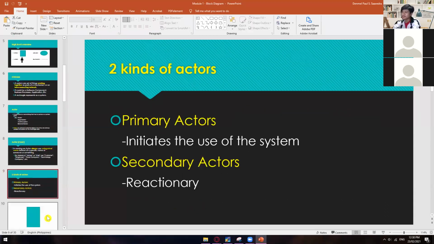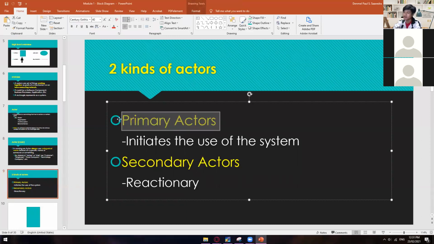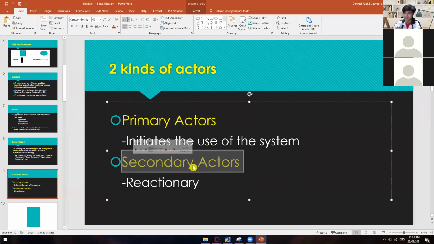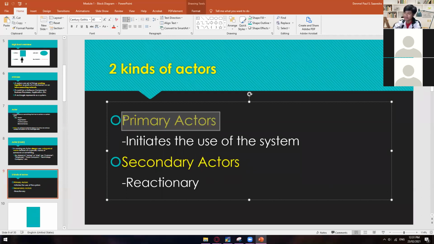All right, so moving on. We have two kinds of actors: the primary actors and the secondary actors. In a block diagram, we call the input the primary actors. As you all may know, in the traditional way of drawing a circuit diagram, the input is always on the left side and the output is always on the right side. But in here, sometimes the output is in the middle. It's not always on the right side.